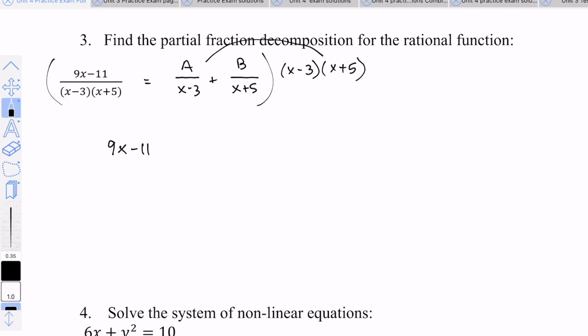When we distribute to the a partial fraction, the x minus 3's are going to cancel, so then a would multiply with x plus 5. And then when it multiplies to the b partial fraction, the x plus 5's would cancel, so then b is left multiplying the x minus 3 factor.